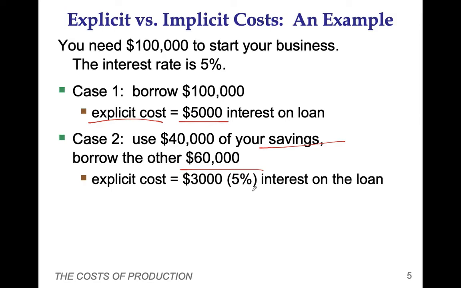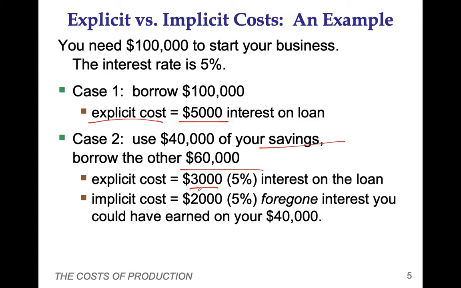It is 5% times $60,000, so you will have to pay $3,000 to the bank as interest every year. This is an explicit cost because there is cash paid, and there is a bank account transcript that shows this payment.